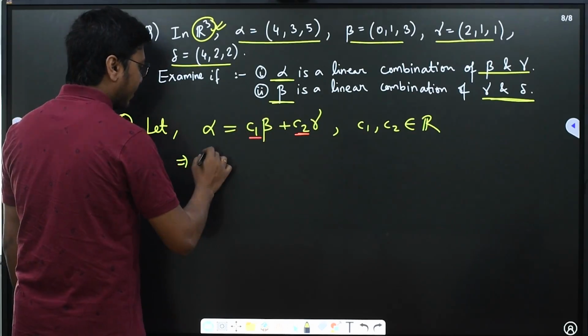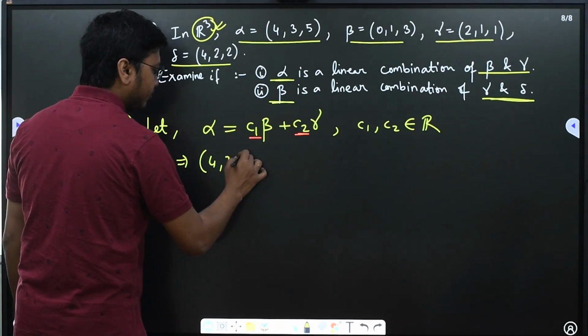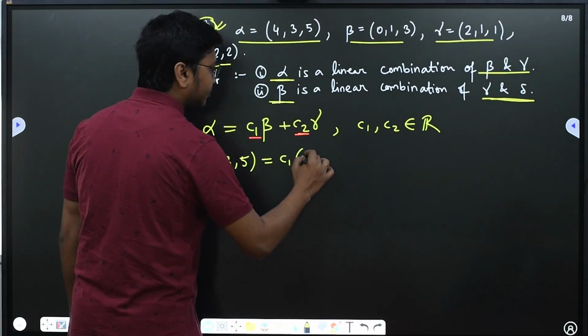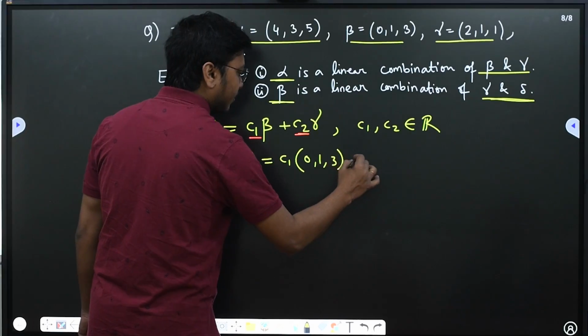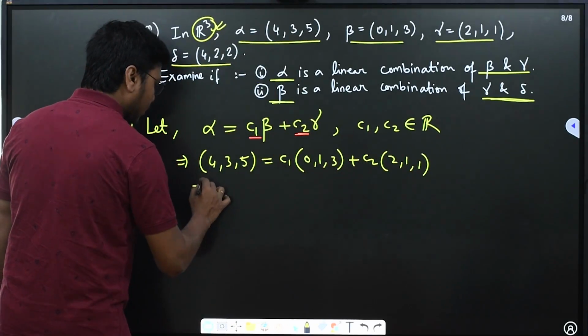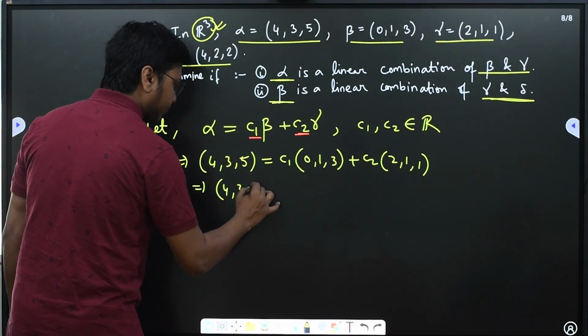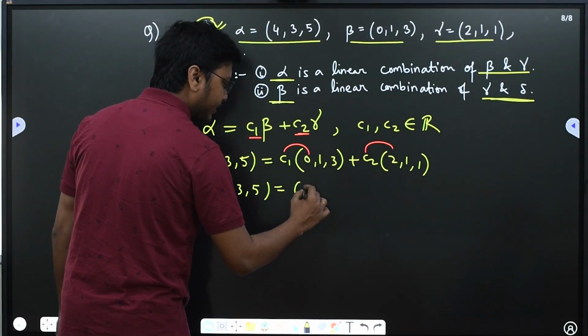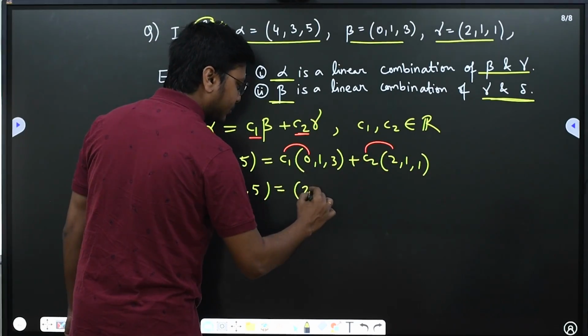So if I put in the values, alpha is (4, 3, 5) equals C1 times beta, which is (0, 1, 3), plus C2 times gamma, which is (2, 1, 1). So that means (4, 3, 5) equals, if I add up the x coordinates, 0 times C1 plus 2 times C2.